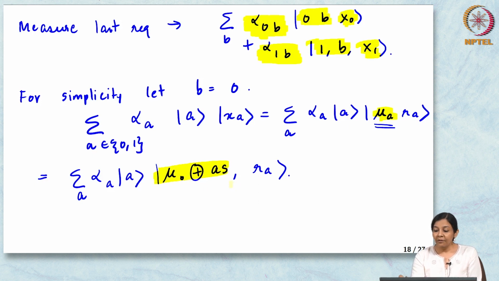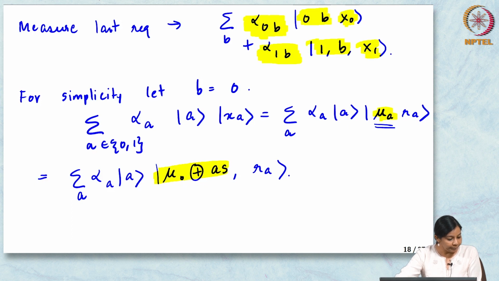Okay. If A is 1, then mu 0 XOR AS is mu 0 XOR S, and mu 0 XOR S is mu 1, because mu 0 XOR mu 1 is S as we defined in our TCF encryption. So, very nice. I mean, this is starting to look like what we wanted, right.